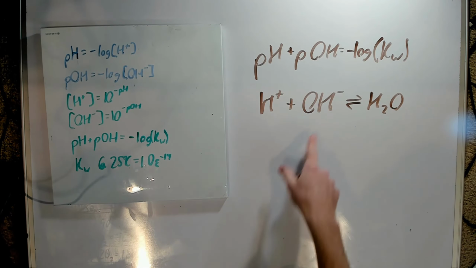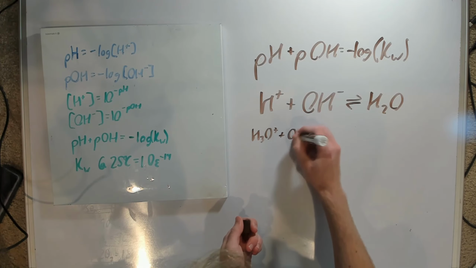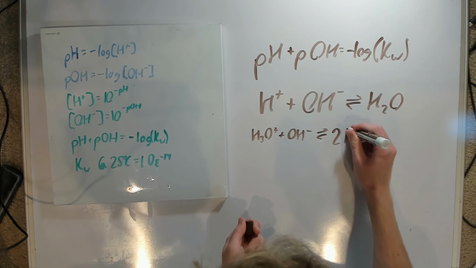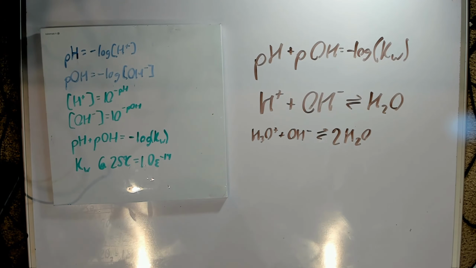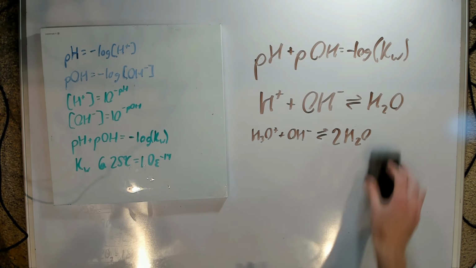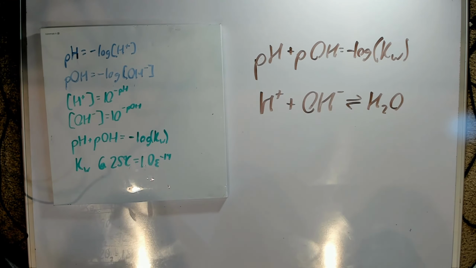Now, there's a second way this is written: H3O+ and OH- is 2 H2O molecules. That's the second way you write that. But I'm going to write it this way. I'm rarely going to use H3O, although there are some instances later that you'll see that you need it.